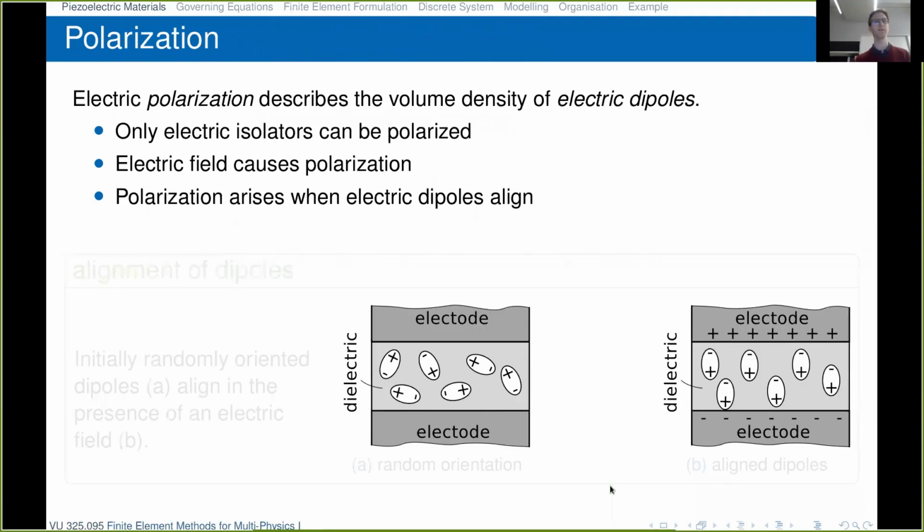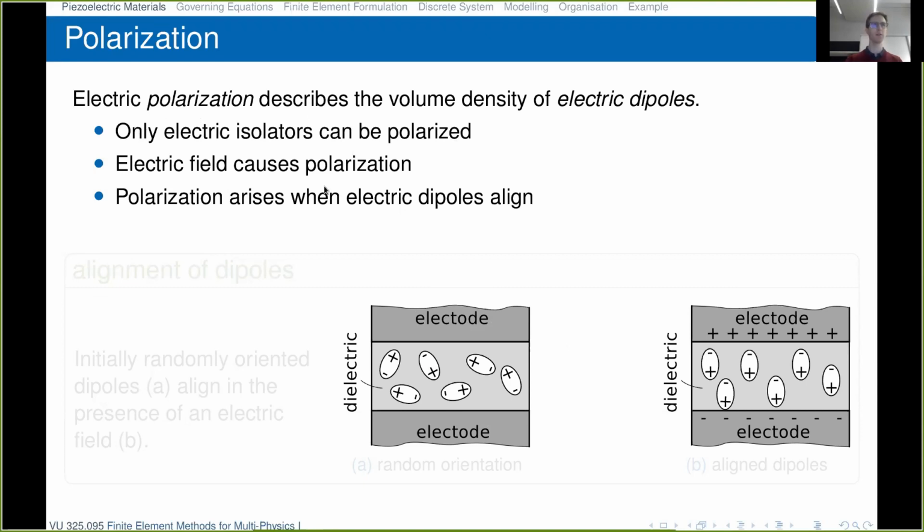And this is given by describing a macroscopic polarization. So what is polarization? The electric polarization describes the volume density of electric dipoles. So we have a lot of dipoles in our domain, and they show a certain orientation.